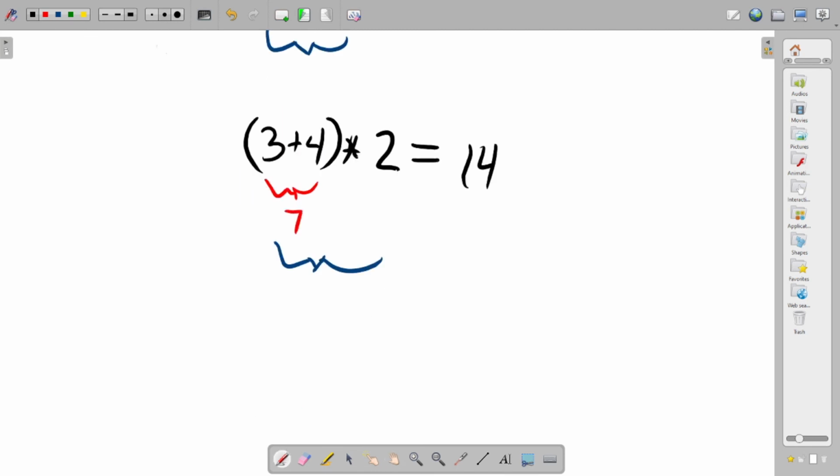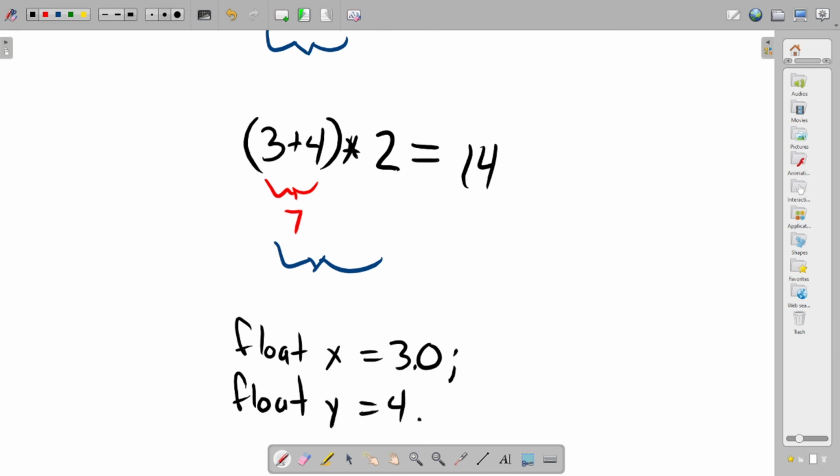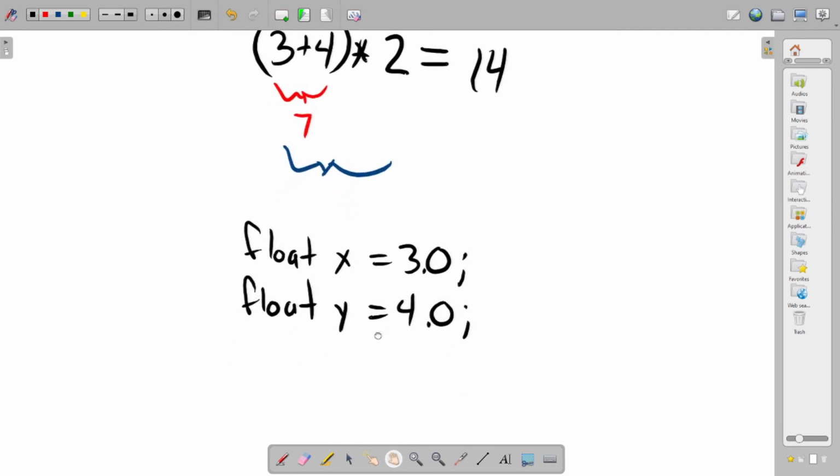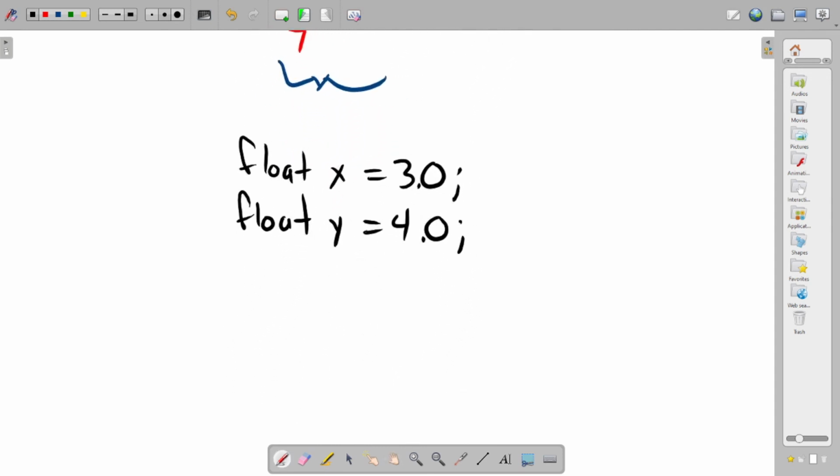And last thing, we went over earlier how to cast an integer problem to a float problem, but you can also do the exact opposite too. So if I had a float called x that was equal to 3.0 and a float called y that was equal to 4.0, and instead of 0.75, I want this to be the 0, and I want to be able to do the remainder, then the way I would have to do it is, we said the only way to be able to do integer division is when both arguments are integers, right?